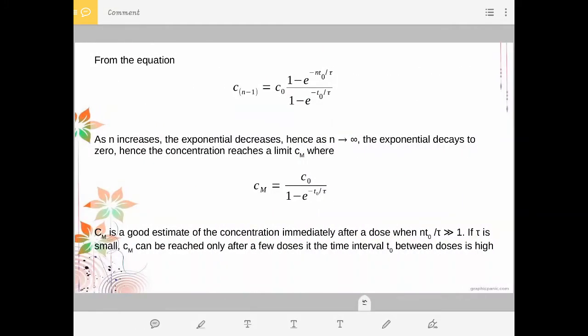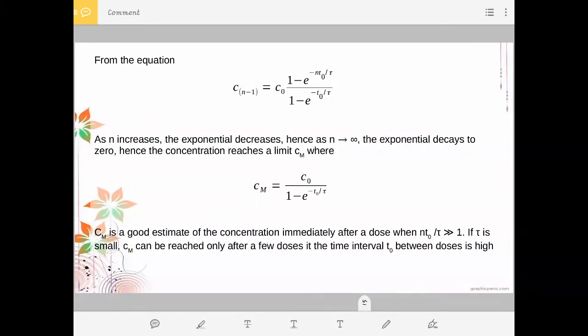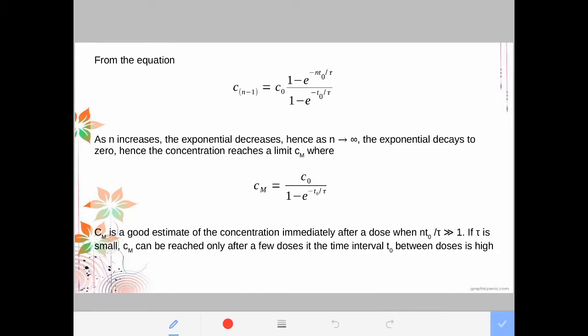So just after administering the next dose, we hit the limit. We can now simplify: instead of calculating C sub 4 after the 4th dose, for every succeeding dosage we can just use this Cm value to get the concentration after each dose. Although it's not exact, it's a good enough estimate.